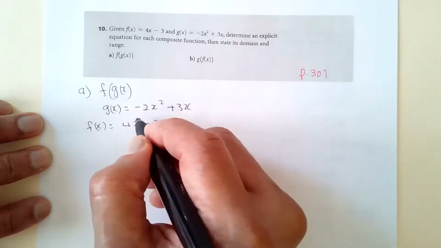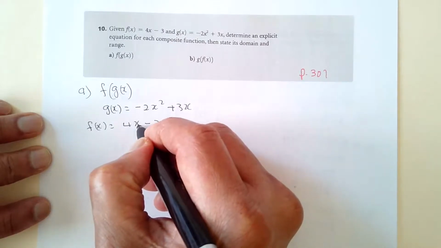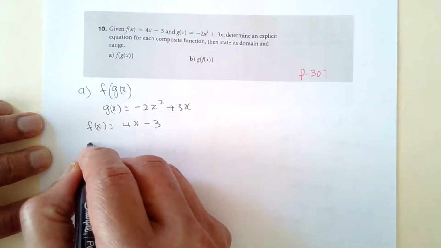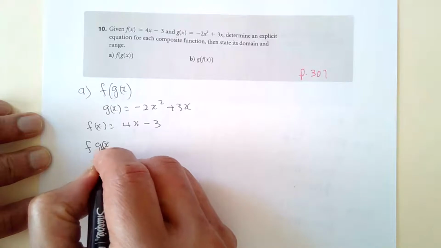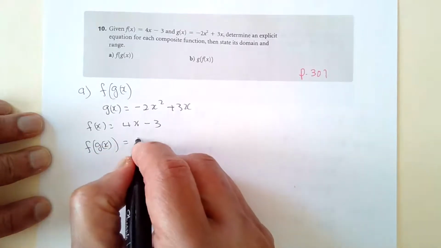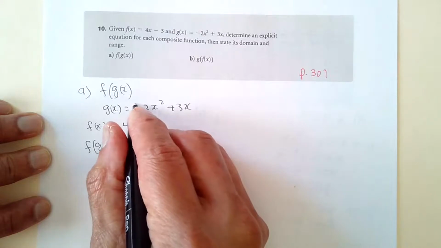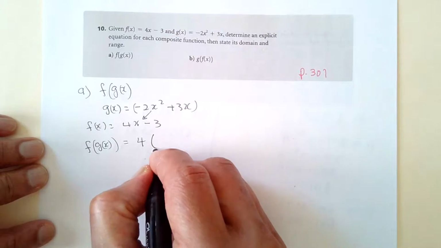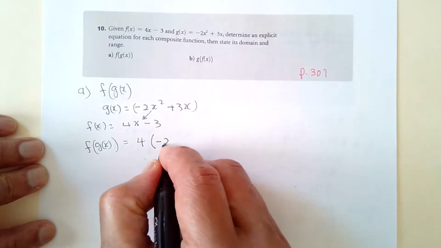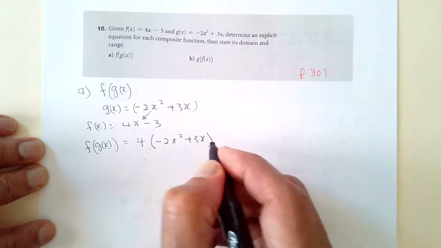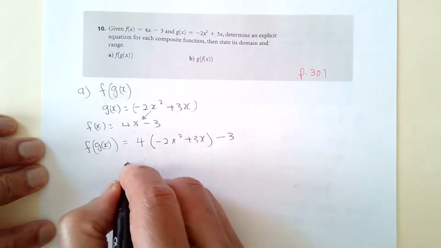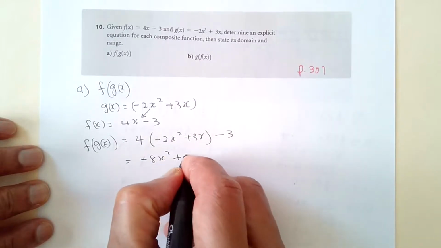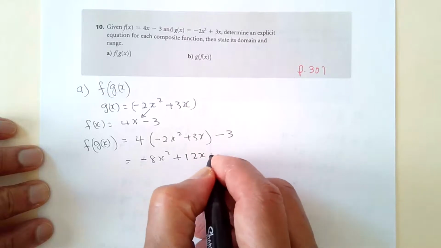So I'll now replace x in f of x with the value of g of x. So f of g of x is equal to 4 times g of x. Now, this is going to give me negative 2x squared plus 3x substituted for x, minus 3. It works out to be negative 8x squared plus 12x minus 3.